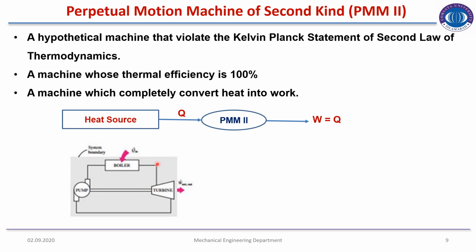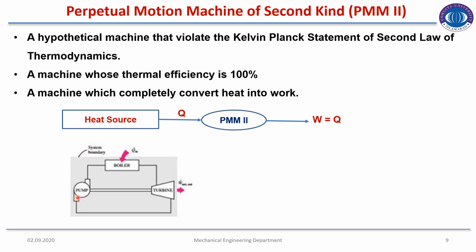Now the schematic diagram in terms of a steam power plant is represented here. From an examination point of view, you may be asked to draw a perpetual motion machine of the second kind in the form of a steam power plant.